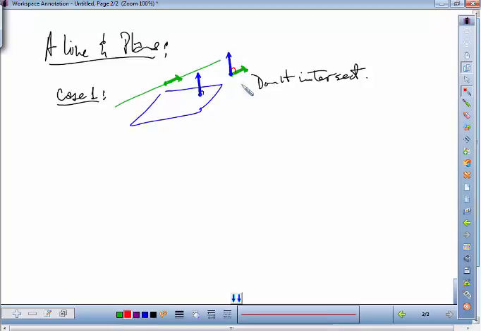And if you take the dot product and it's not equal to 0, that means this line is somehow tilted. And if the line is tilted, then eventually it'll intersect the plane somewhere. Okay? So that would be case 2.